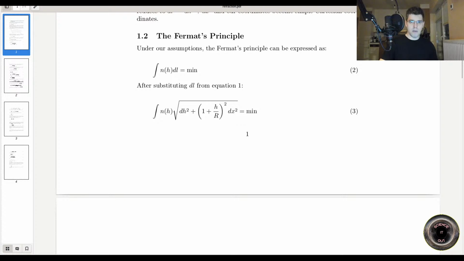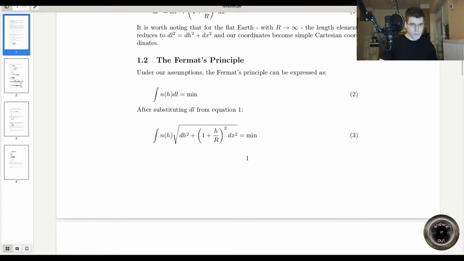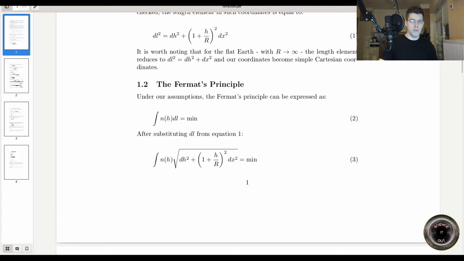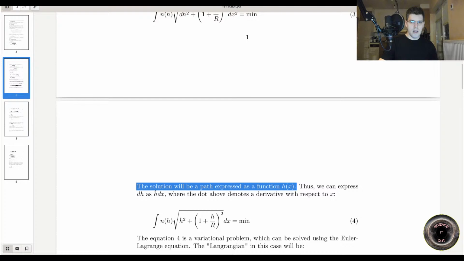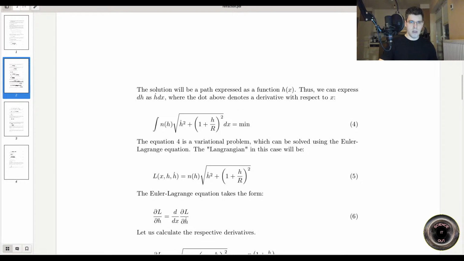So how do we calculate such a thing? First we need to, as I said, substitute this dl from this length element. This is just this substitution, and we have the square root because this was the square of length, and here we need just length. From this we can extract the dx, and then we will have dh over dx here, which is just the derivative of the function we are looking for, which we will denote as h dot.